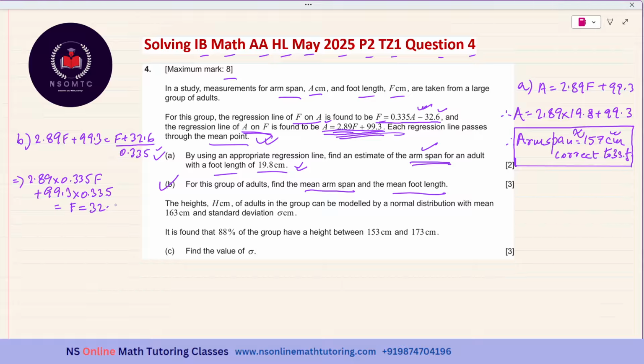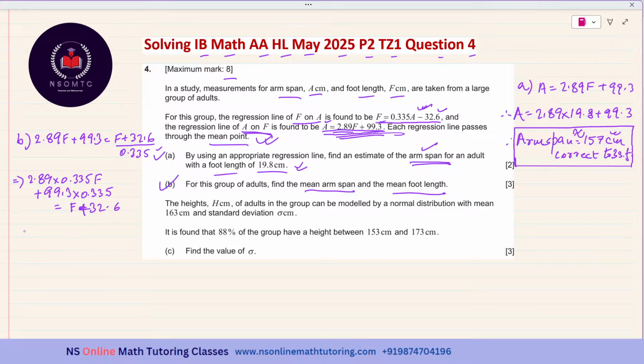Okay. So we have multiplied the entire equation by 0.335, and now obviously we will be subtracting F from both the sides.